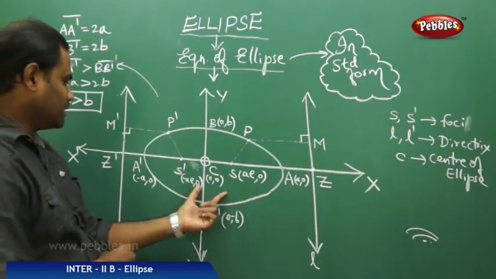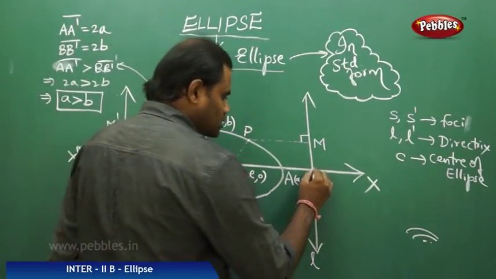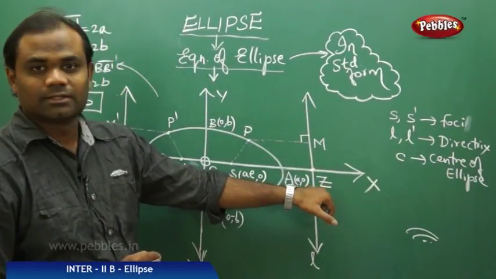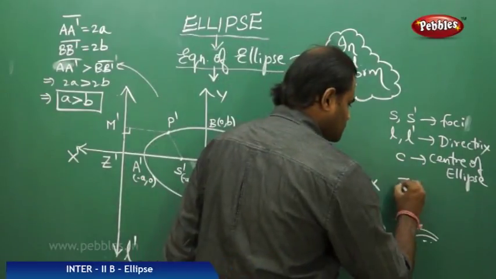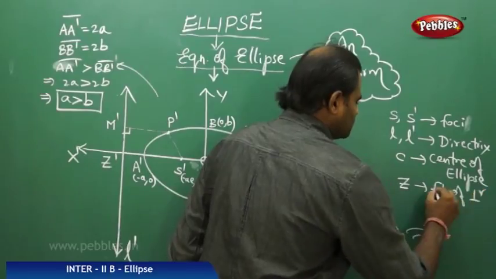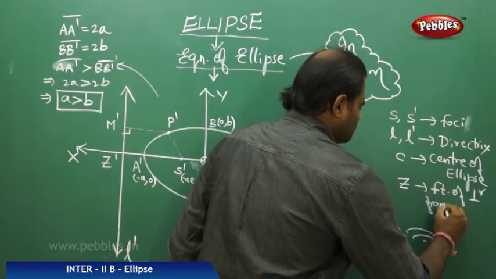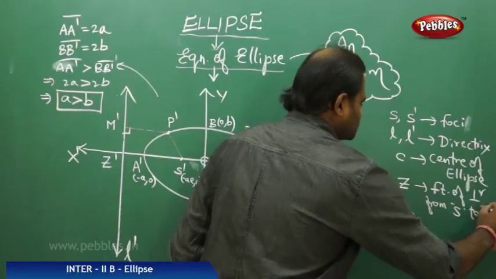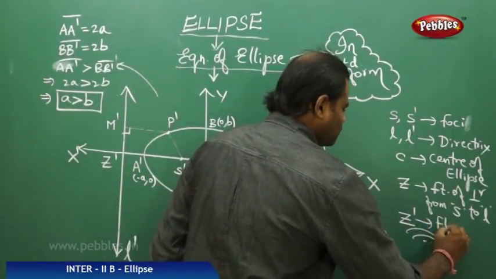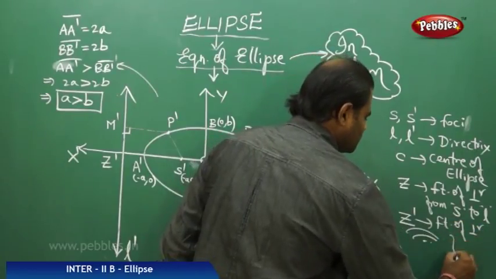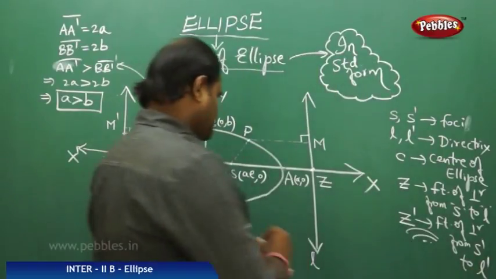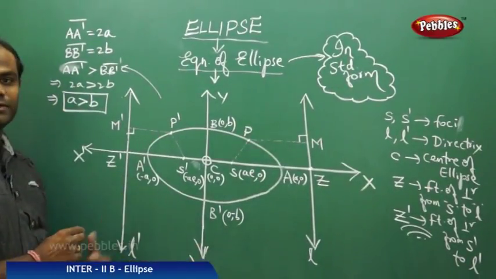The focus, the center and A is given, and the coordinates of the foot of perpendicular from focus to the directrix, which is Z. Z is the foot of perpendicular from focus to the directrix, and Z dash is the foot of perpendicular from focus S dash to the directrix L dash is what we see here.